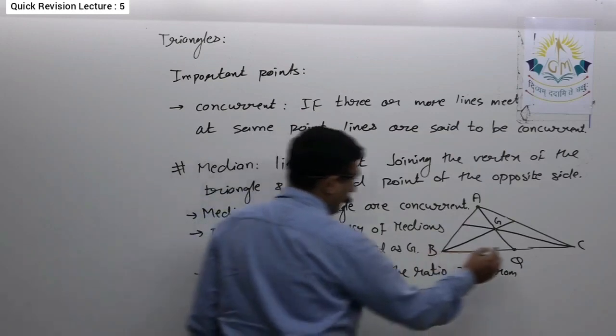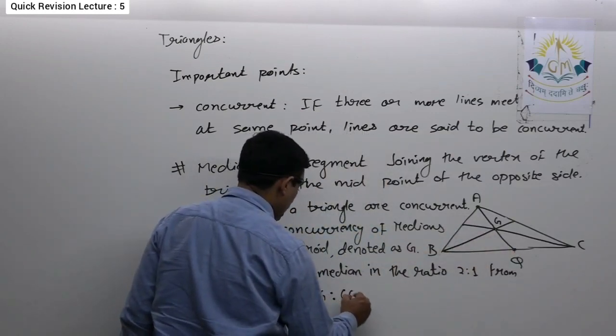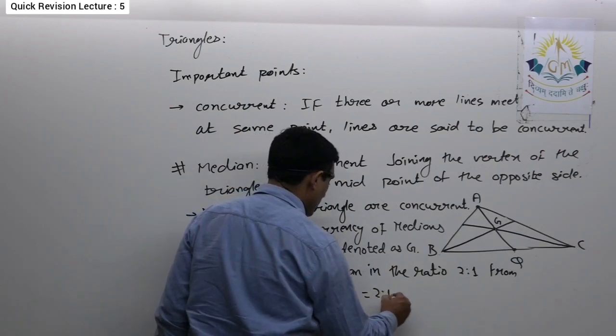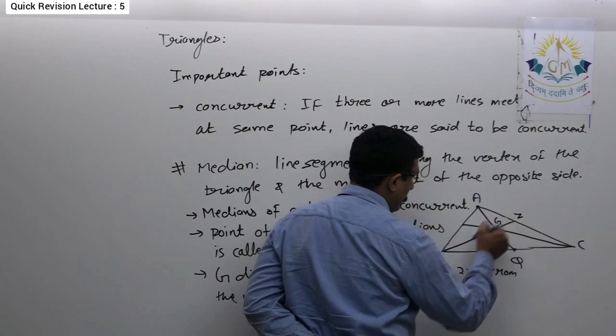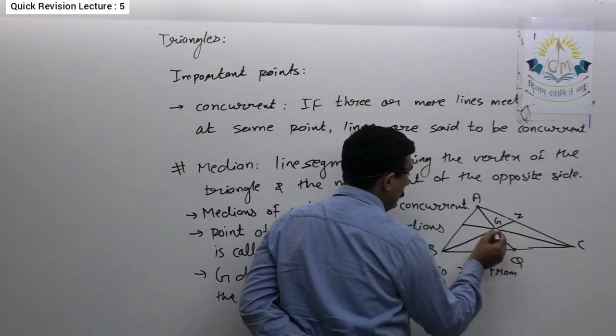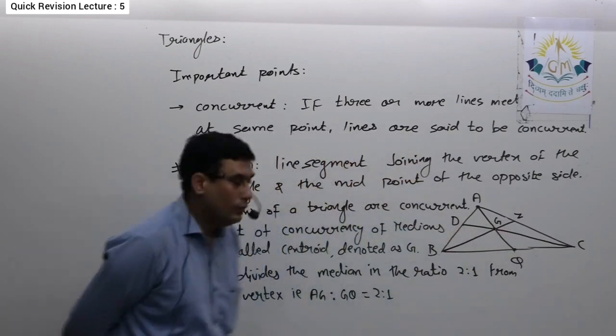That is, if this is Q, it means AG is to GQ is equal to 2 is to 1. Similarly, BG is to GZ is equal to 2 is to 1. CG is to GD again is equal to 2 is to 1.